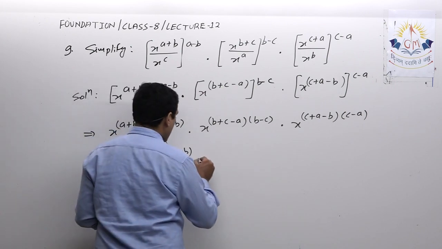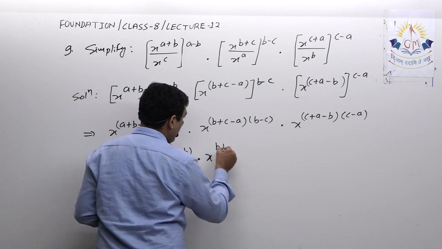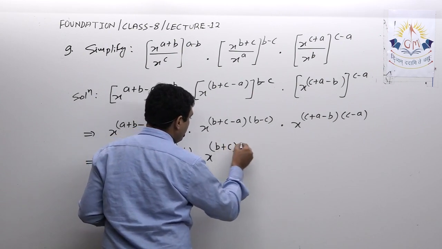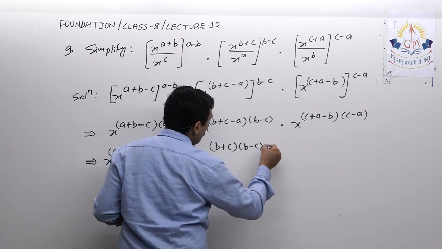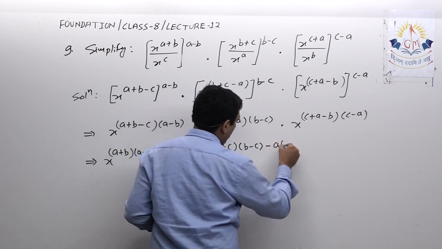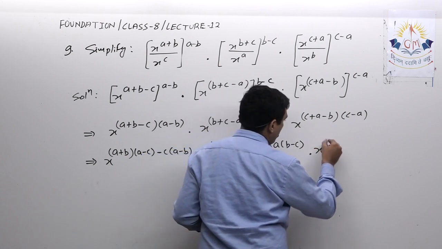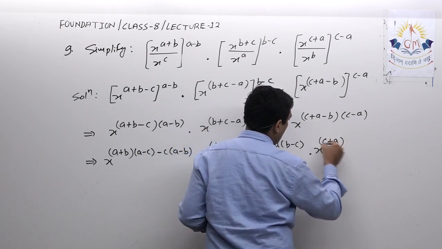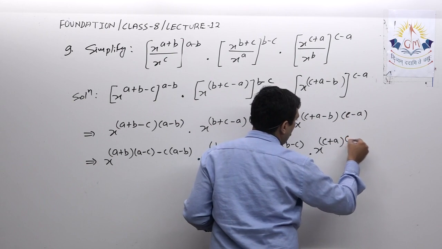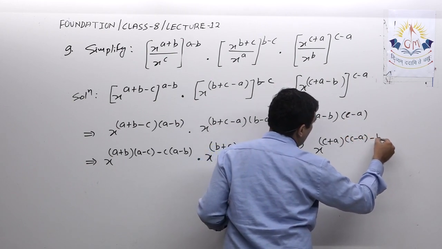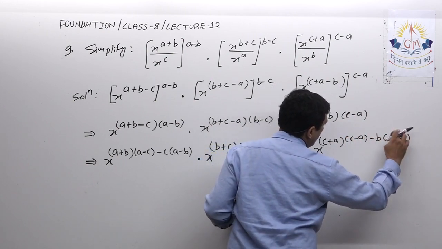Okay, similarly over here, x raised to b plus c into b minus c minus a into b minus c, into x raised to c plus a into c minus a minus c into c minus a.